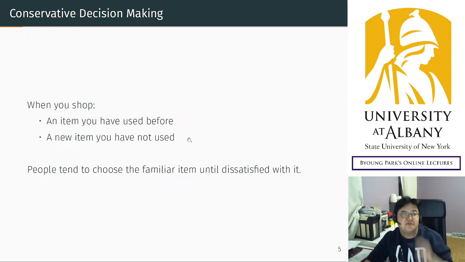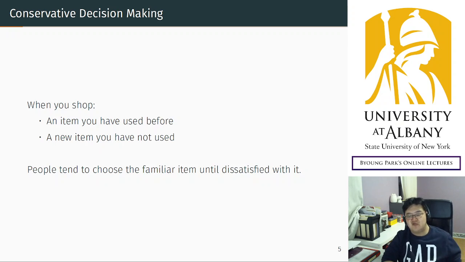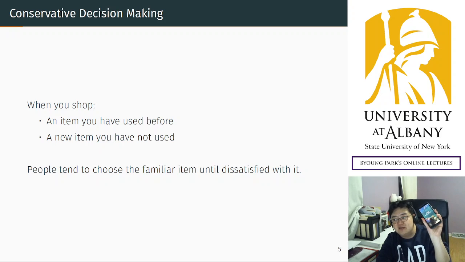And one more thing: imagine yourself making a decision in a store. You are considering, say, smartphones. You need to buy a new smartphone. Let's use my smartphone as an example. I'm using a Google Pixel. I like it because Google Photos is free. Now it's not free, but it was free.